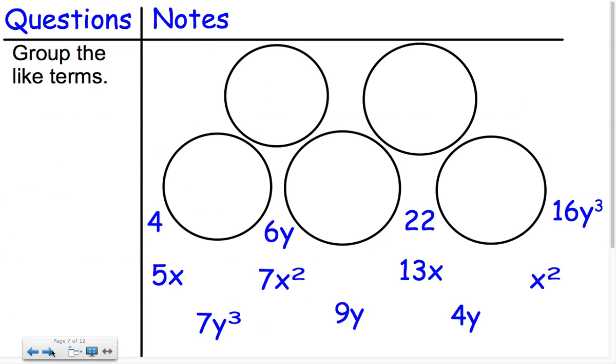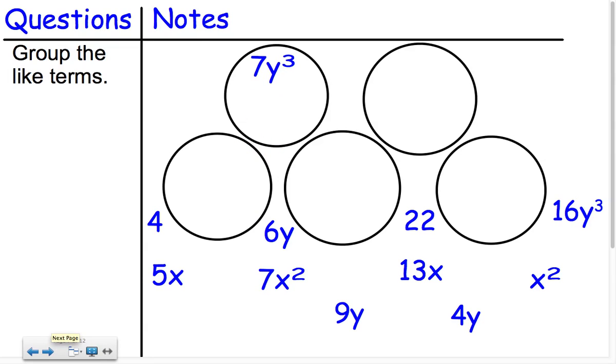First thing we're going to do is figure out what like terms are. You'll see we have 5 different circles up on the screen. We're going to drag all of the terms that are alike into the same circle. So I'm going to start with 7y to the third.